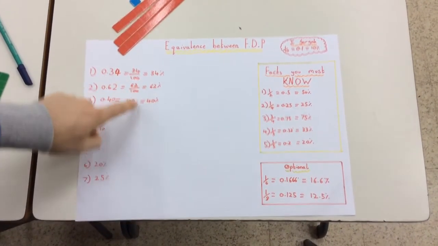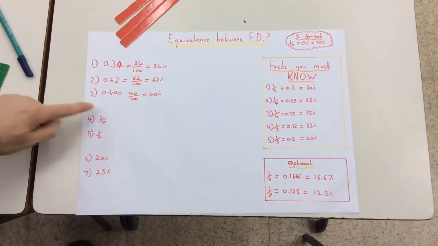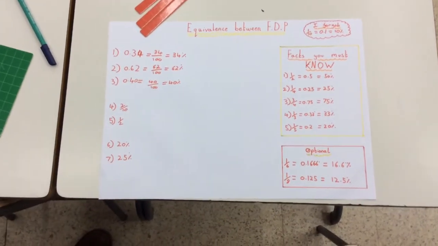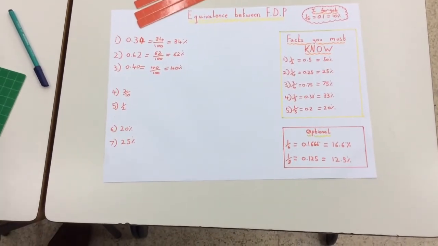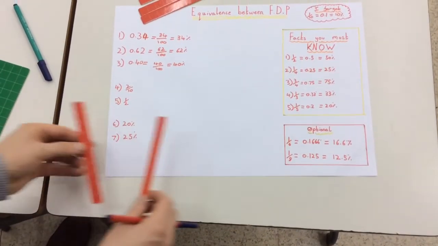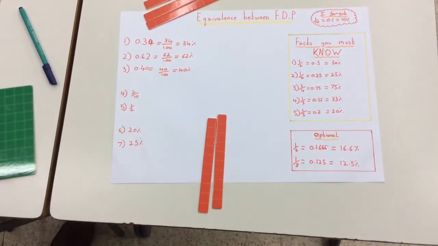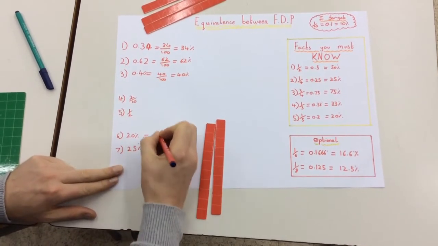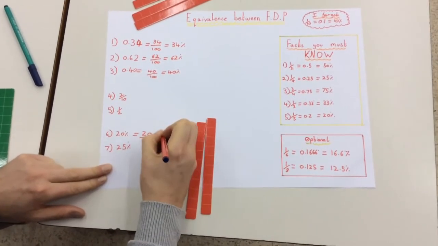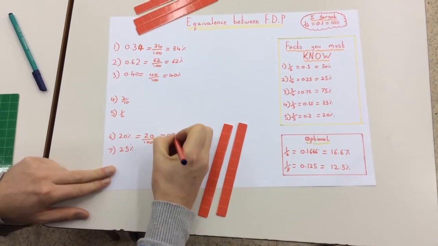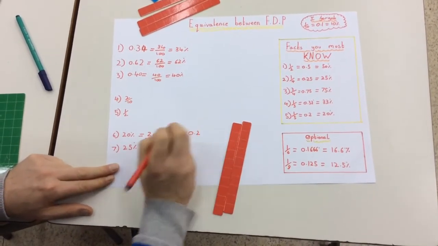Quite often though, fractions aren't out of 100, and so it can get a little bit more difficult. So we're going to come back to these ones here at the end. Let's look at our percentages first. Well, this says 20%. Do you remember in our last video we said this is 20% because it's 20 out of 100. So this is going to equal 20 out of 100, which equals 0.20, or much better to say 0.2.